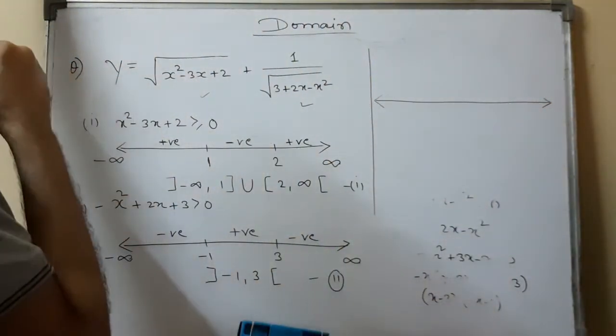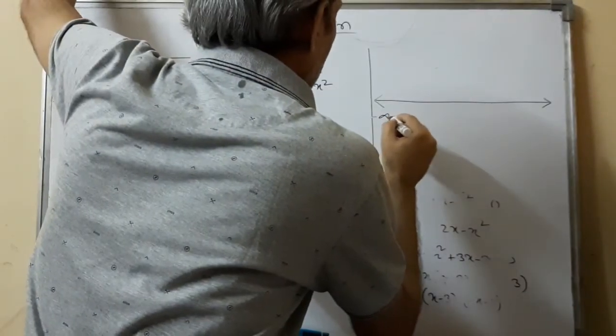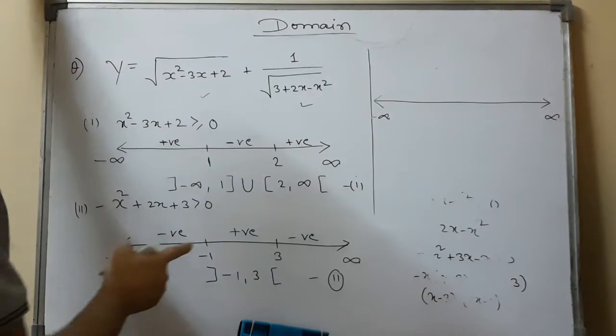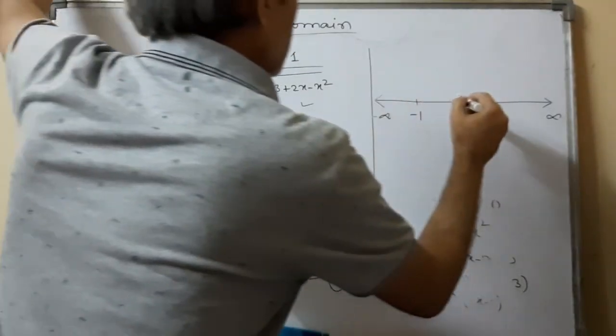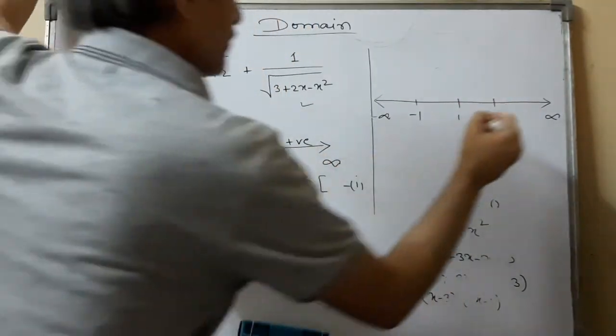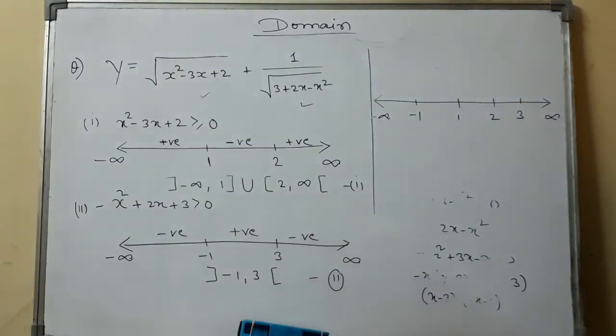So you can make another number line and mark the different numbers. We have minus 1 as the smallest value, then 1, then 2, and from here we have 3. Mark all the different values.